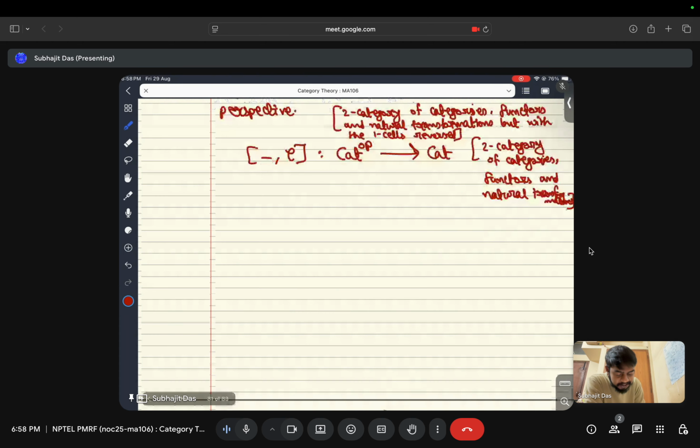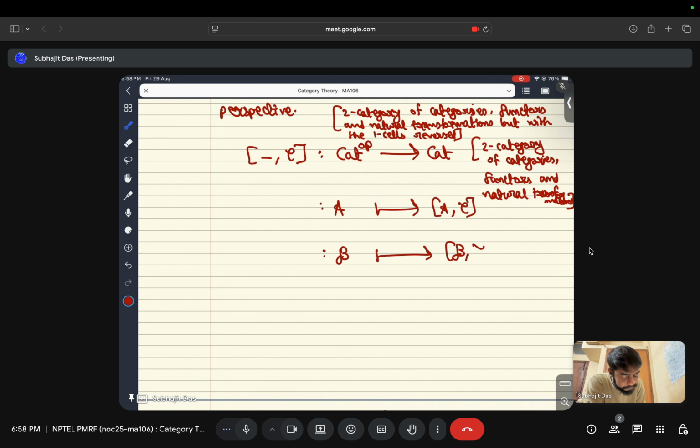Okay, so what this does, it takes a category A, maps it to A comma C, takes, let's say, a category B and maps it to B comma C, takes a functor F from A to B. So I should say F op.